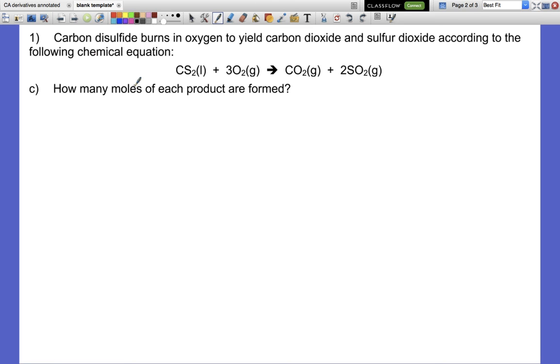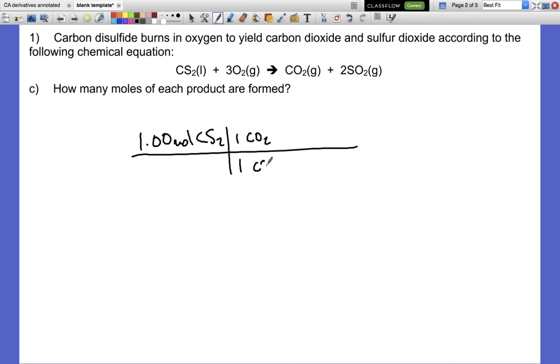But one last question on number 1, how many moles of each product are formed? This should be fairly easy to do. Again, I actually know that my CS2 is limiting and that I was given 1 mole of that. So that's what I have to start with. I could skip a step here, but it's not really going to hurt me to write it in because I know it's going to be a 1-to-1 ratio, the carbon dioxide and the CS2.